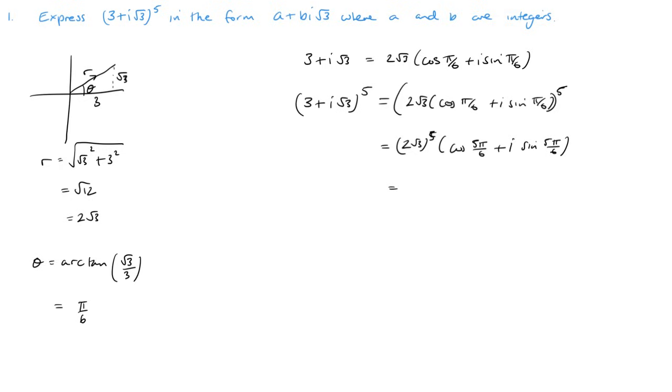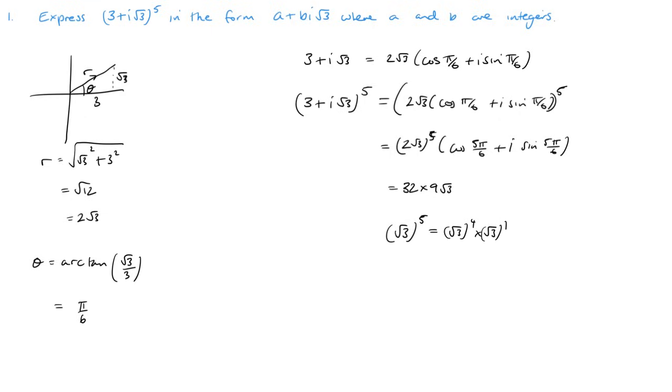So 2 to the power 5 is 32, and root 3 to the power 5 is, well, root 3 to the power 4 is 9, times root 3. So I separated the root 3 to the power 5 into root 3 to the power 4 times root 3 to the power 1.